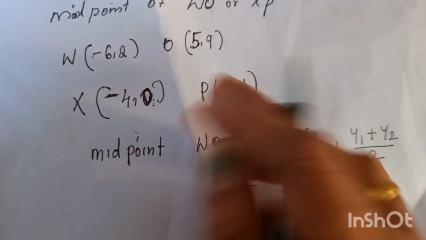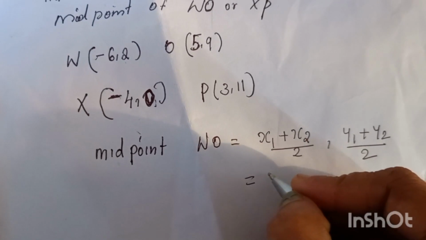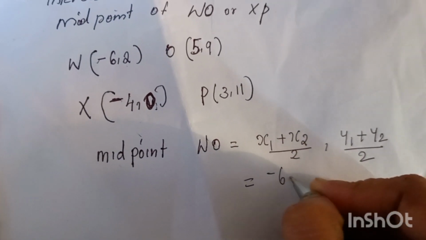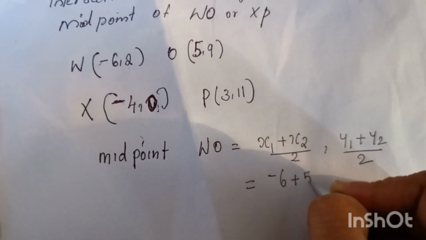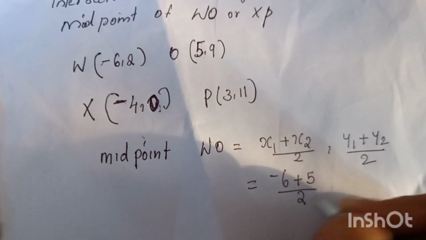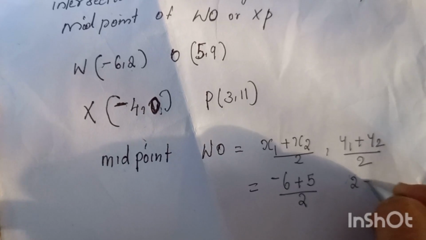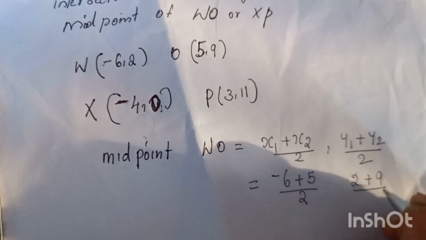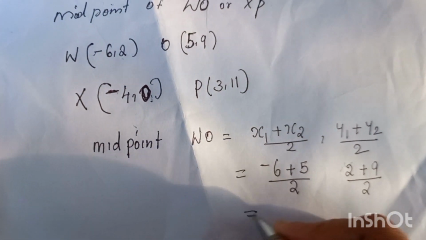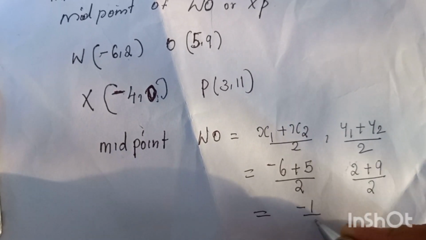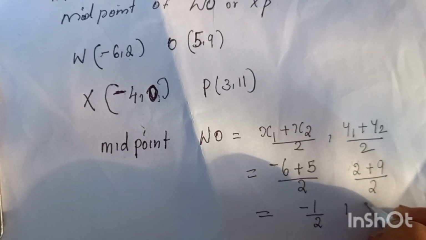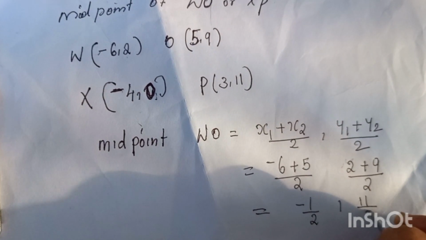What is x1 over here? Minus 6 plus 5 by 2, then 2 plus 9 by 2. So we get minus 1 by 2, comma 11 by 2.